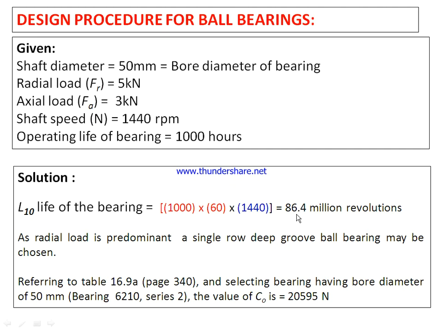That means if you multiply, you get 86.4 million revolutions, or 86.4 into 10 to the power of 6 revolutions.